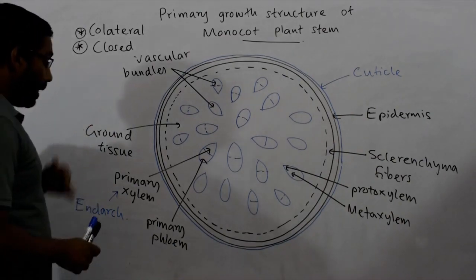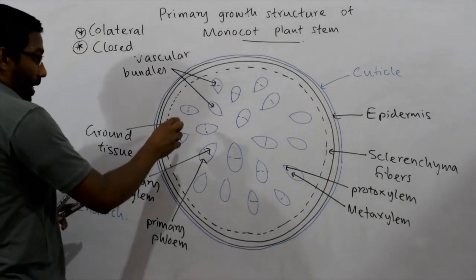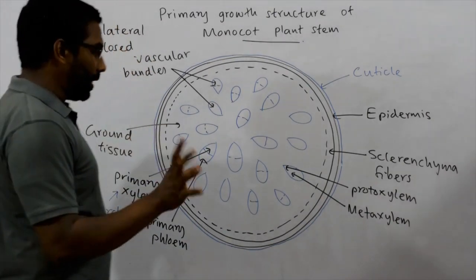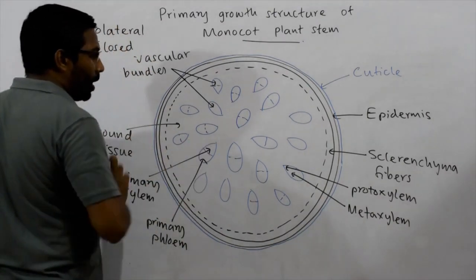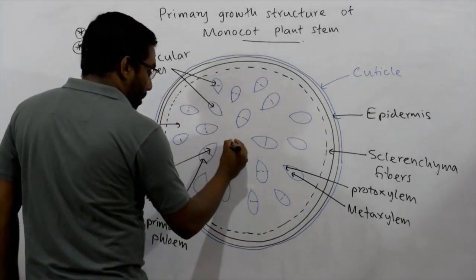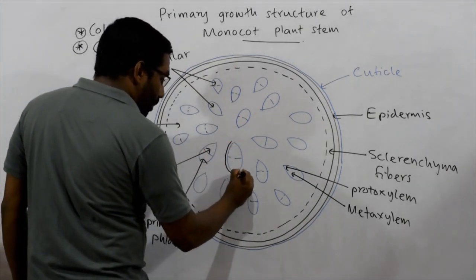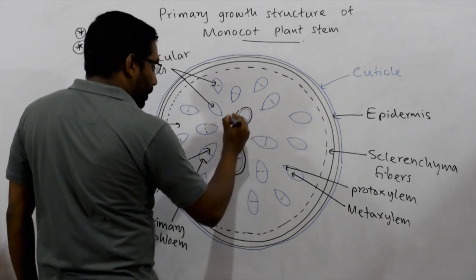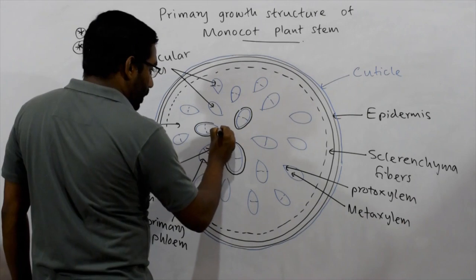Another thing. In dicot stem, we said there is a sclerenchyma cap just outside the phloem, but such a sclerenchyma cap is not found in monocot vascular bundles. But here each of these vascular bundles is surrounded by sclerenchyma fibers.